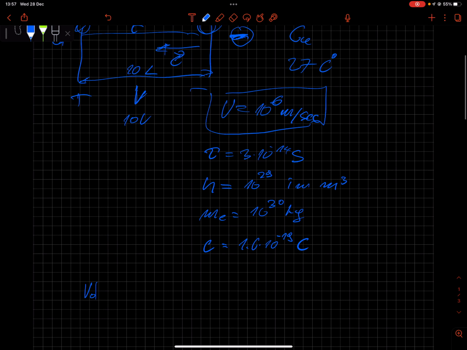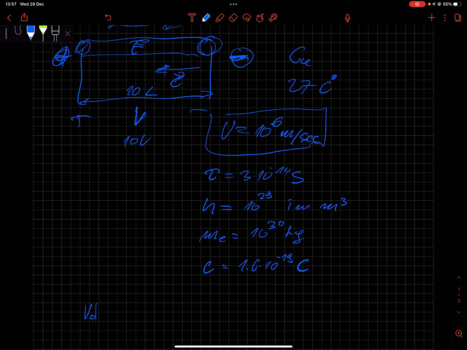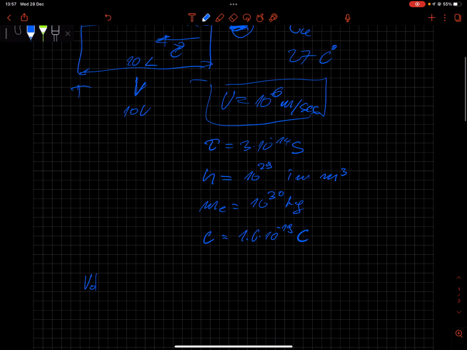When we apply a voltage difference, there will be an electric field, and each electron will experience a force. So the force on each electron is the amount of charge that the electron has times the electric field.